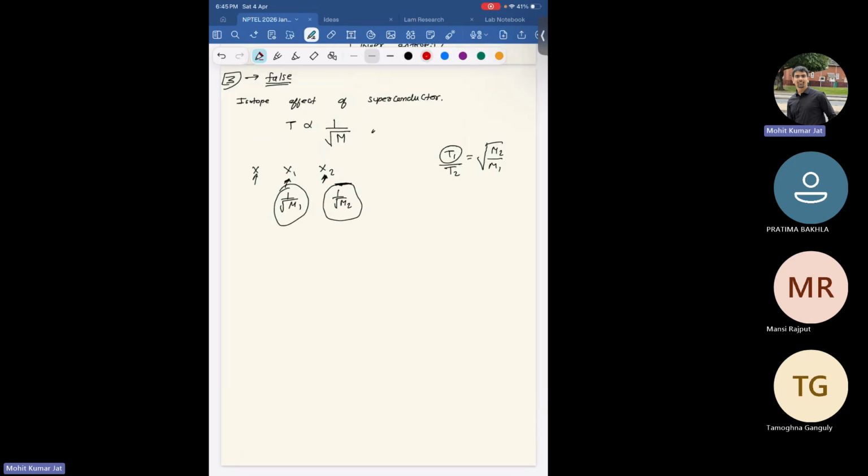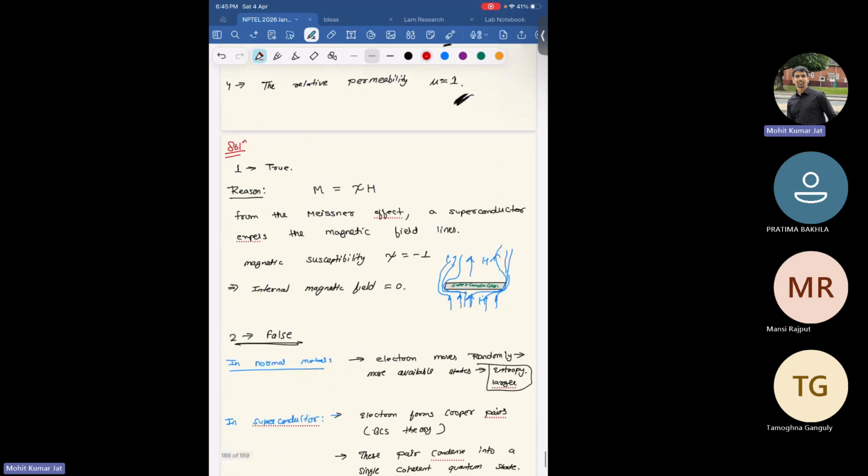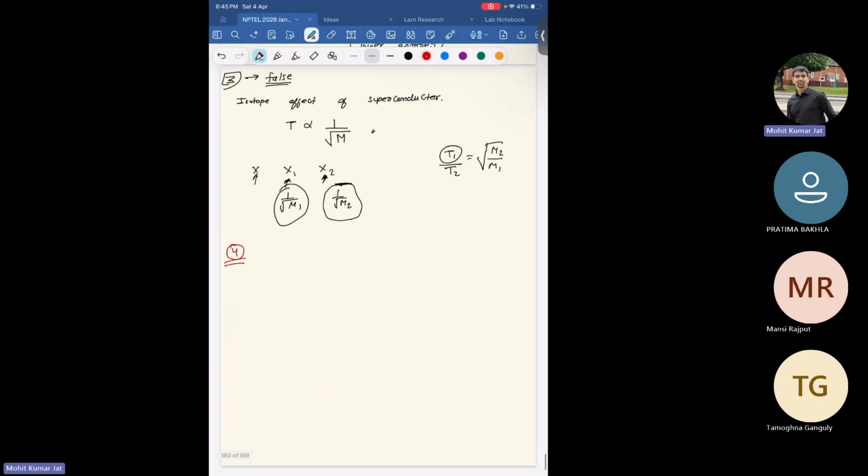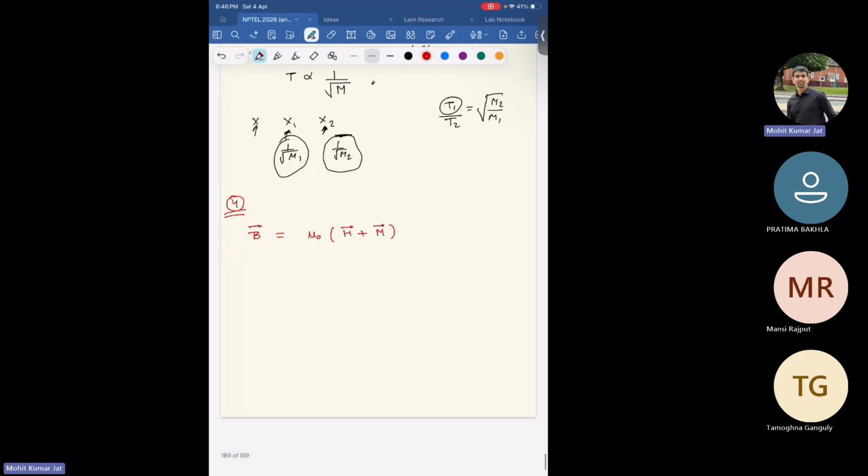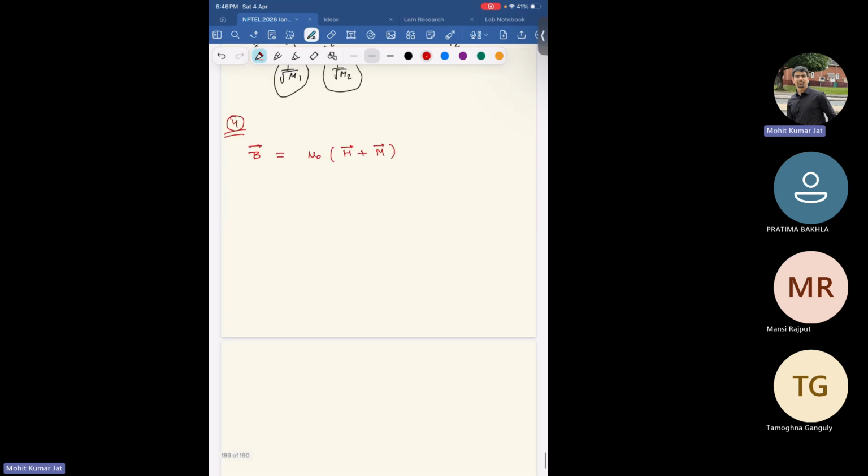So let's derive the relation and see whether it turns out to be true or false. The magnetic field inside the superconductor B, as you all know, is B = mu naught (H + M). This M is your magnetization and this H is the magnetic field which you apply.